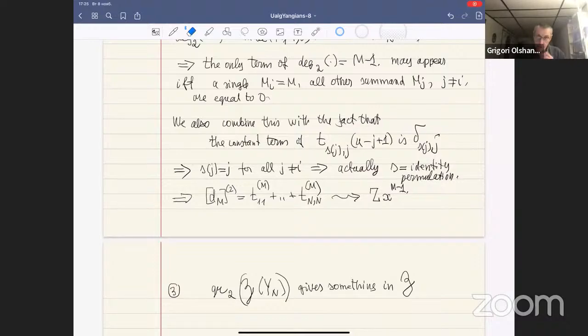No, maybe one can argue a little bit differently. Let me say in words. If you have two central elements in the Yangian, look at their top degree terms. Okay, and they should be central in the graded algebra, and we know what the center of a graded algebra is. So we see that the top degree term is central.